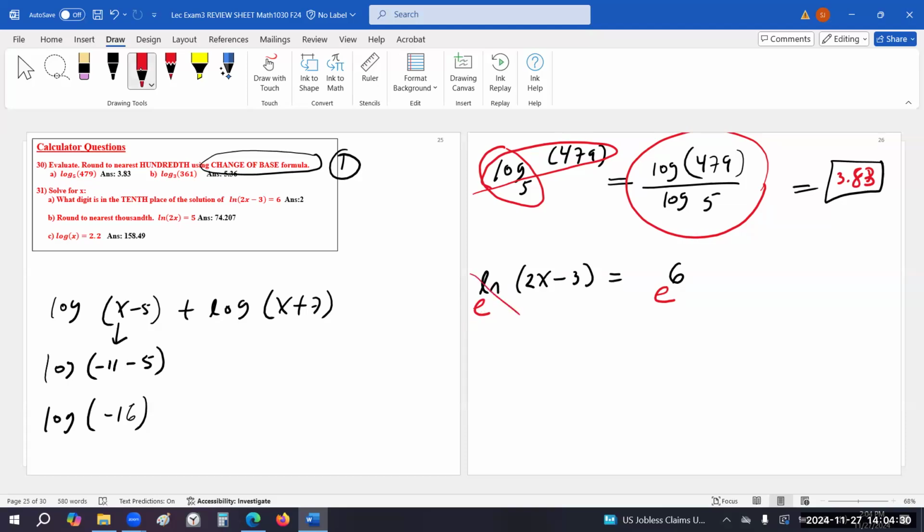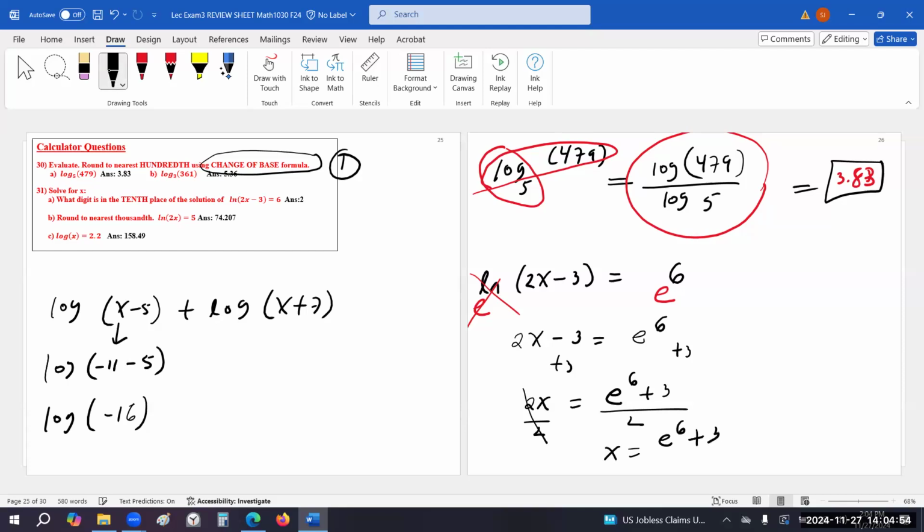So we have 2x minus 3 is e to the 6. Add 3. So e to the 6 plus 3, divide by 2. x is e to the 6 plus 3, divided by 2.